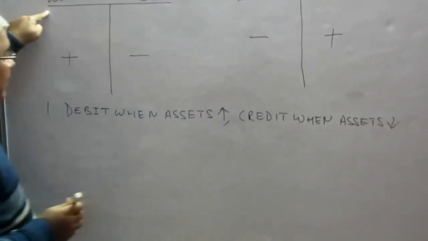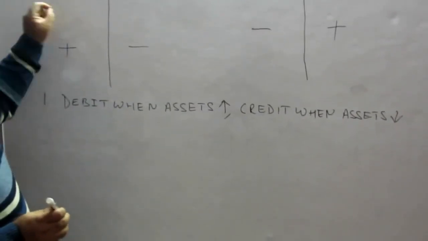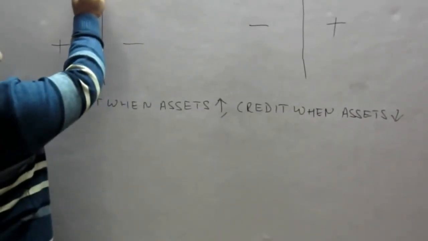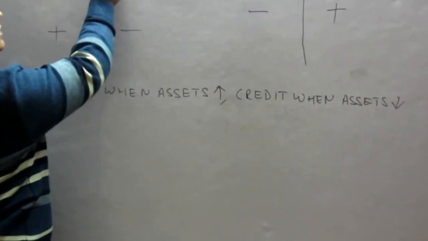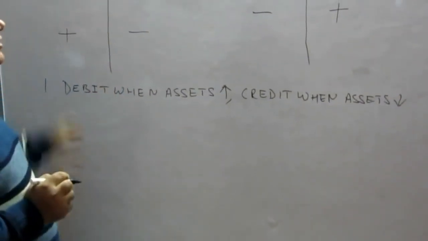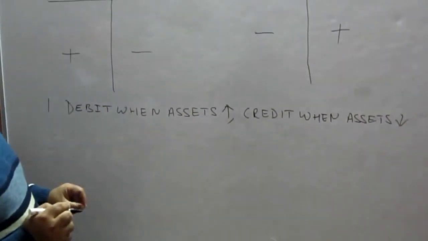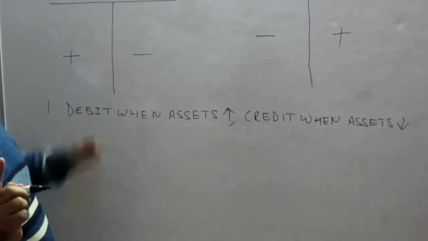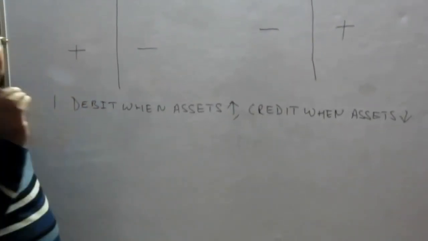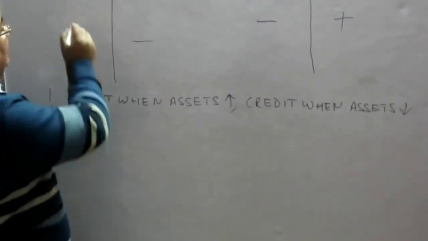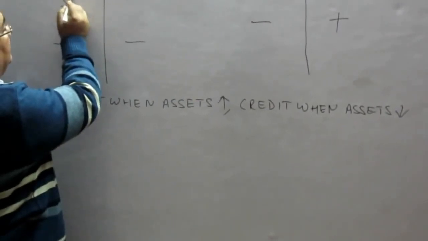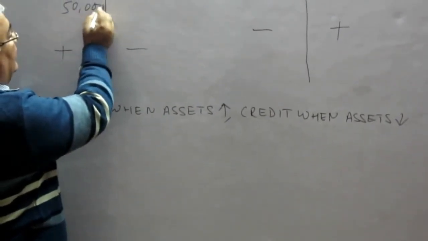That means whatever the account of any asset, for example if it is the cash account, if you receive cash from the proprietor, that means you have to add to your cash account say 50,000 rupees, so it will be added to this side of the cash account.